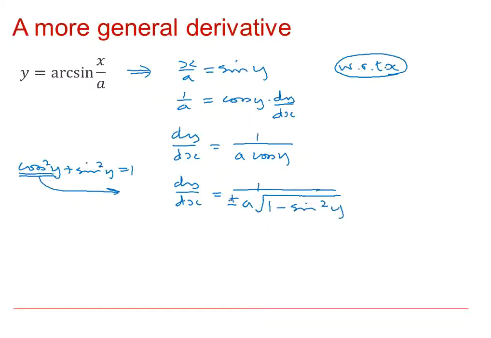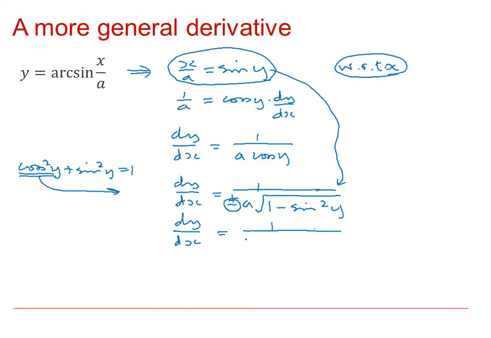Again, we know we don't need to look at the negative square root because the gradient is going to be at least 1. And we also know that sine y has been defined as x over a. So this can be tidied up now to dy by dx is 1 over a times the positive square root of 1 minus x over a squared.